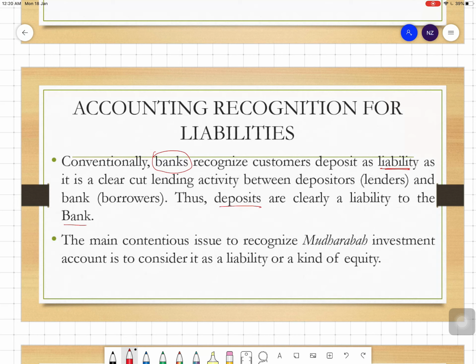And the main contentious issue in recognizing mudharabah investment account is whether to consider it as a liability or a kind of equity. That is one of the issues in the mudharabah investment account.